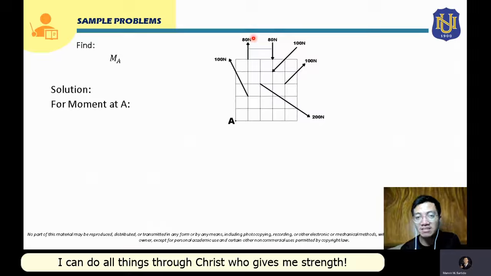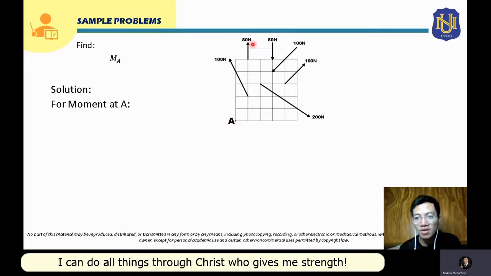Instead of solving for the moment of these 80 Newton forces individually about point A, we can use the concept of a couple: it's a moment, and regardless of the moment center, it will have the same magnitude and direction. It will have the same moment effect.